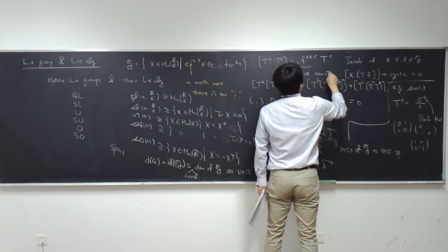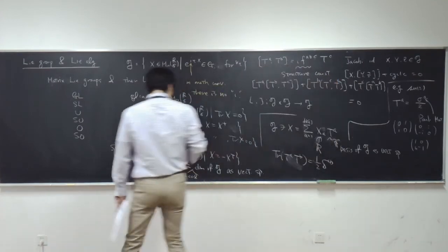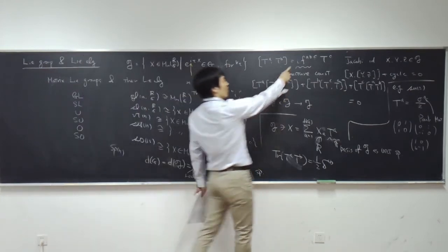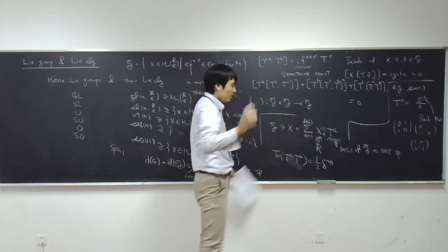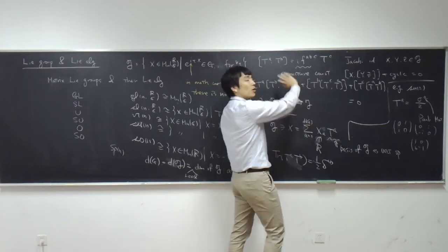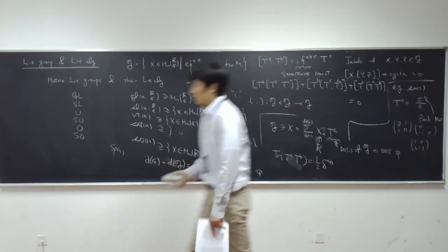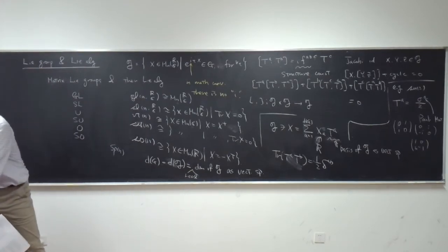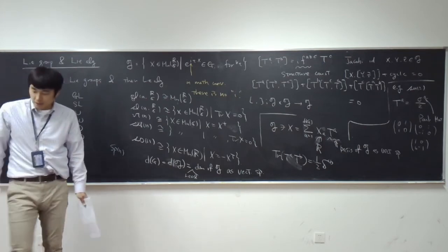Sometimes there is no i here in math literature, so you have to be careful about the convention. For a Lie algebra like SO(2), maybe a complex matrix.